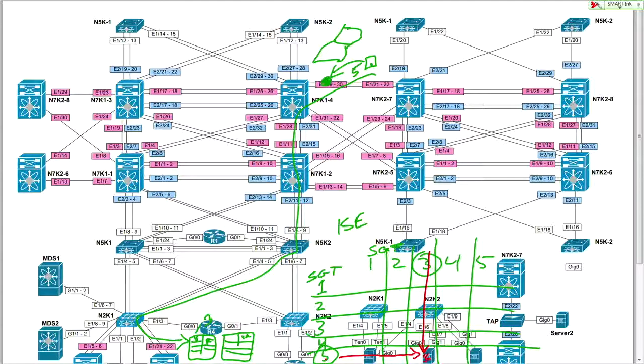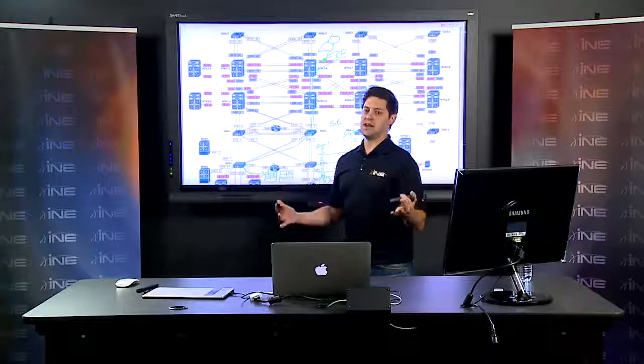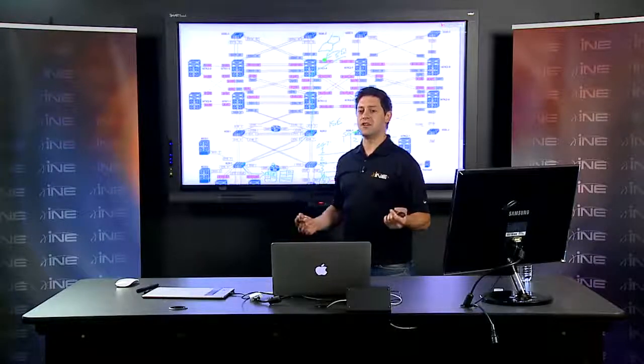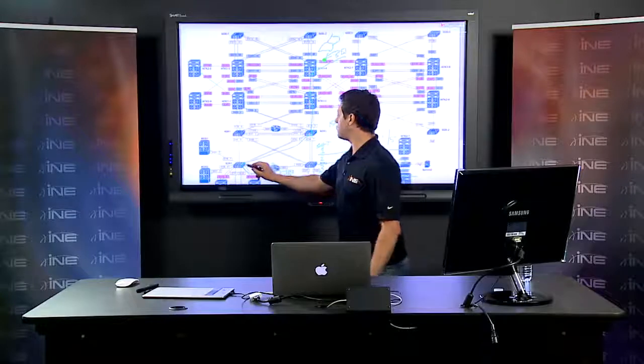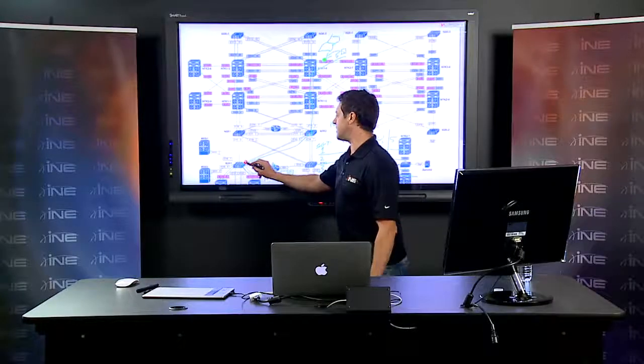And I'm going to look up what is the SGACL, the security group ACL. And I'm going to apply that security group ACL at the egress device. And this is the architecturally changing, really fundamental difference of TrustSec and of secure group access.